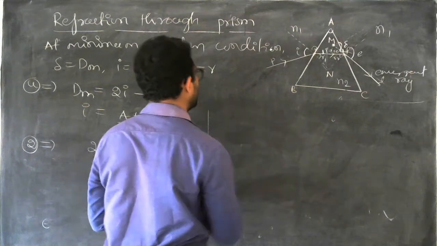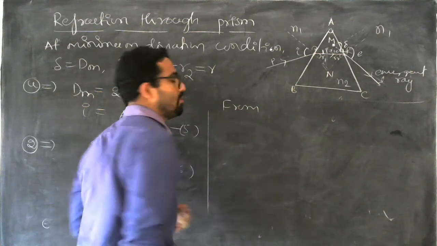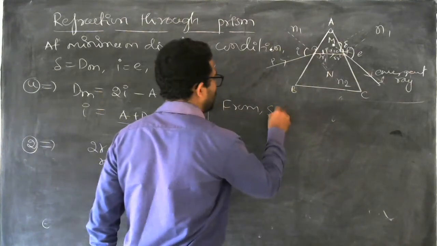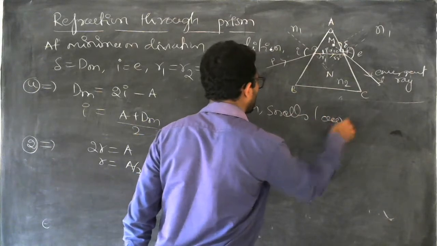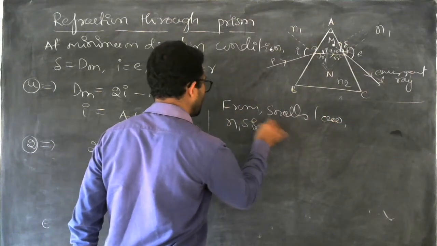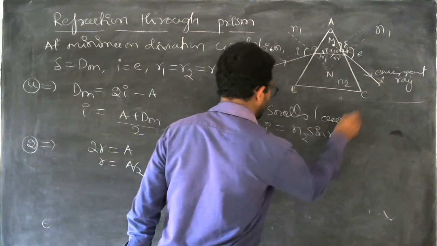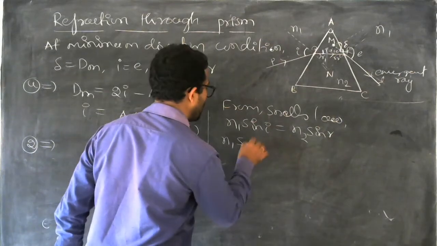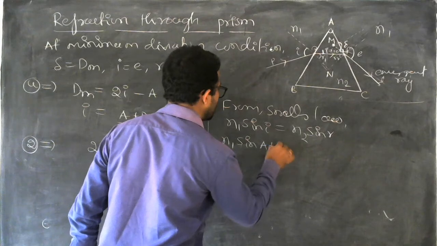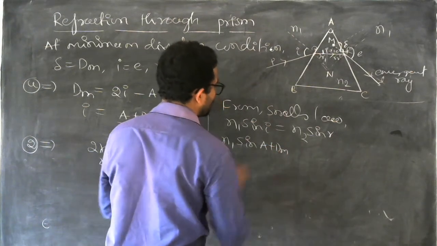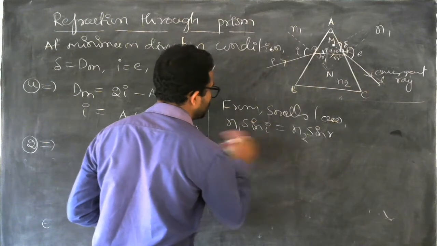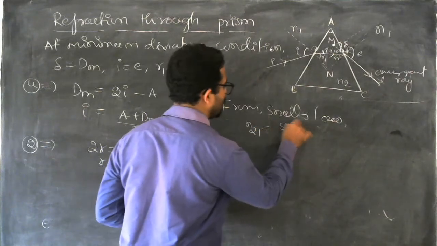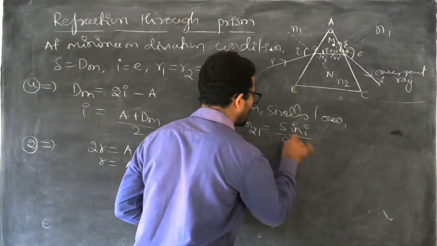Let us write that later, because we need to do that for thin prisms. From Snell's law, n1 sin I is equal to n2 sin r, so you can write n21 is equal to sin I by sin r.